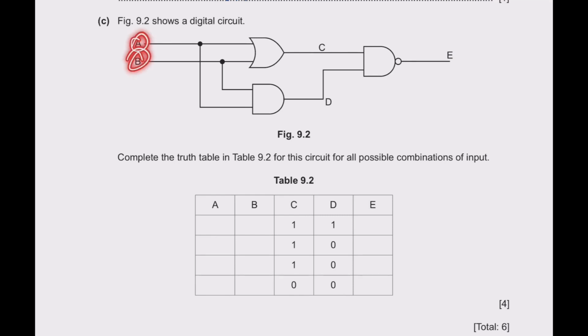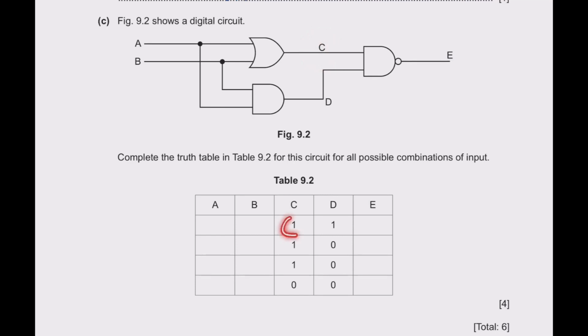A and B are the input, C and D is the input for this AND gate. Okay, now we have to complete the truth table. Now let us take A, as I am getting C, that is the output of OR gate.